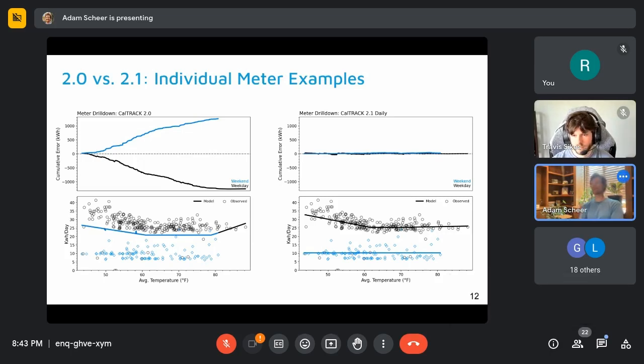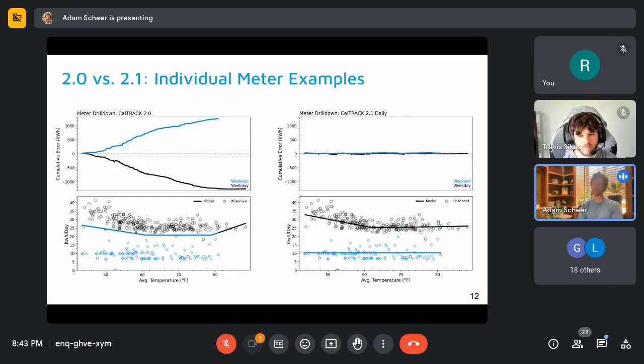One of the points I want to make about weekend weekday bias: you can say, okay, the Caltrack daily model is mainly used for the calculation of monthly savings or annual savings, so it's not necessarily critical that the model is aware of weekends and weekdays. But when you have behavior like this, it's clear that the weekend weekday bias has ramifications beyond just being a poor fit to any one individual data point.